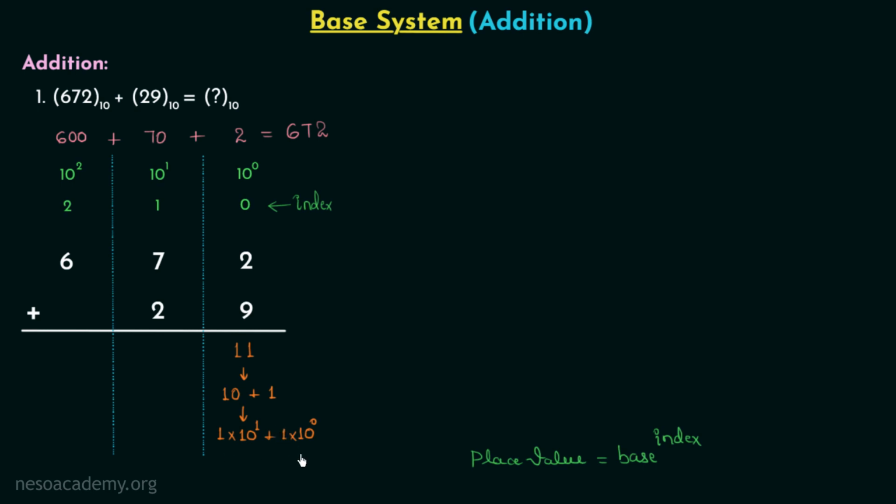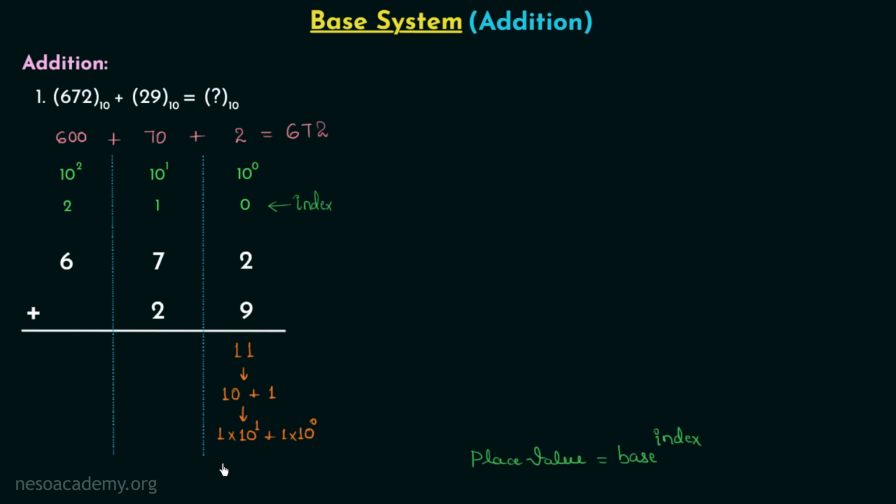This 1 has the place value equal to 10 raised to power 0, which is the place value of this column. So this 1 can remain in this column, but this one is having the place value equal to 10 raised to power 1. And 10 raised to power 1 is the place value of this column.